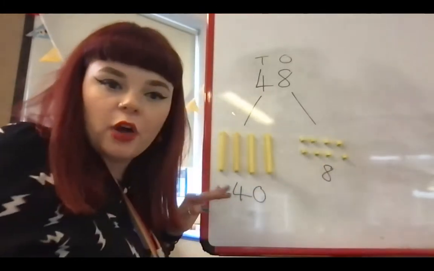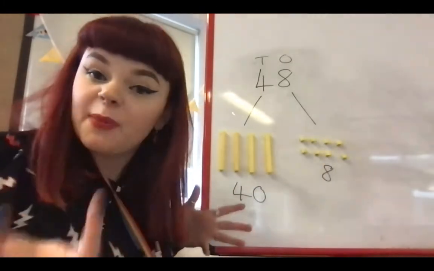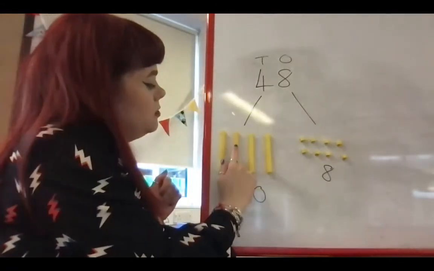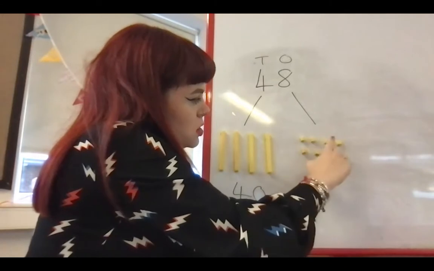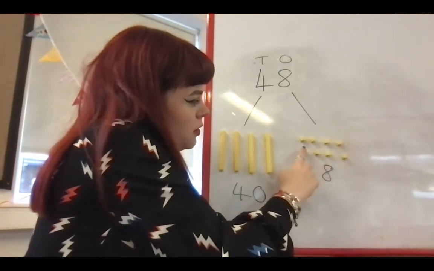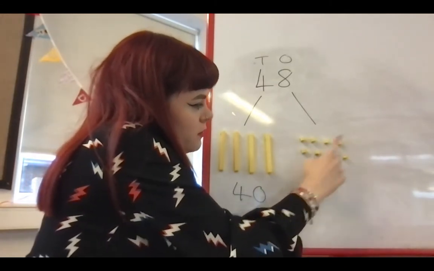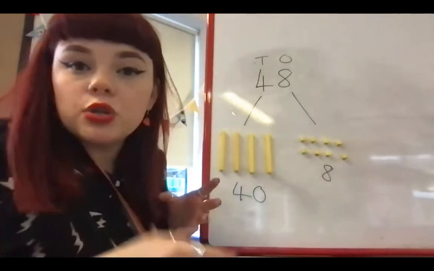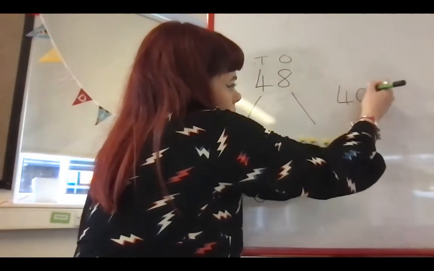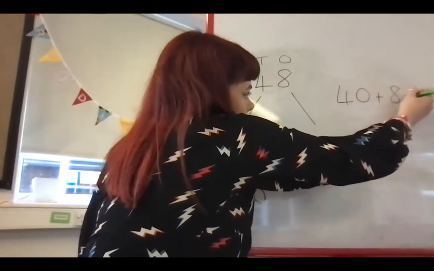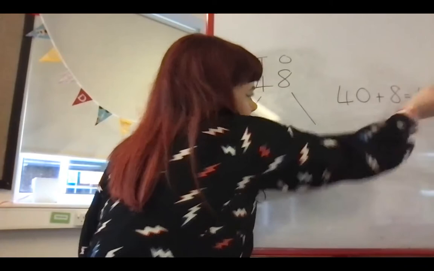And we can check that our two parts still come together to make 48 by giving them a quick count. 10, 20, 30, 40, 41, 42, 43, 44, 45, 46, 47, 48. So those two parts still come together to make 48. So 40 add 8 equals 48.